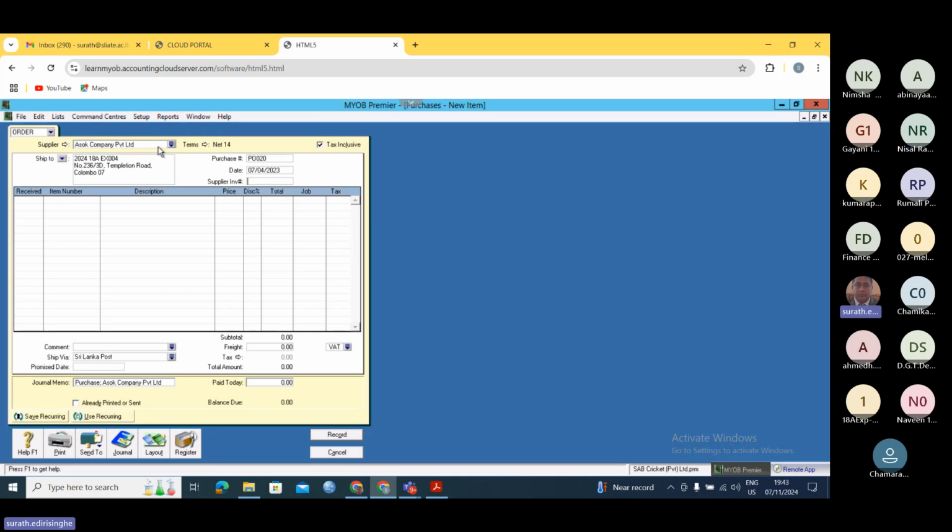Then select the supplier Ashok Company Private Limited. Set the PO number PO 020. Date April 7, 23, and invoice number INB 020.